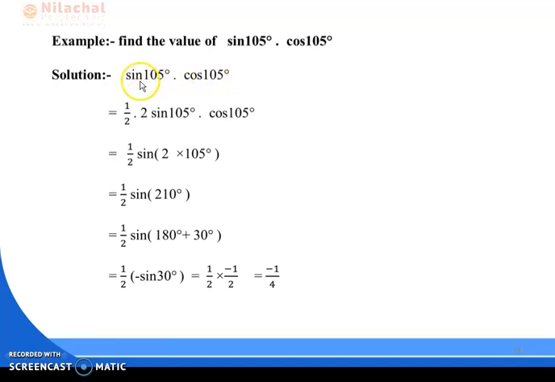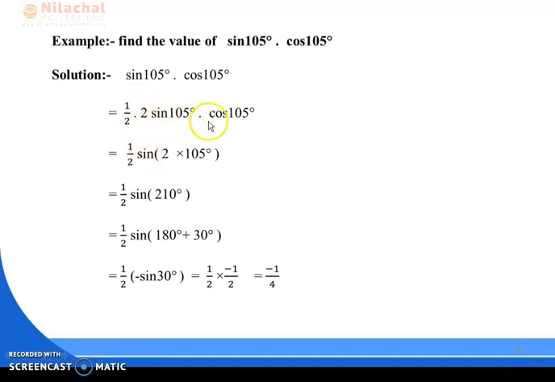So what do we need? 2. 2 is needed for us because we know the formula: sin 2A is 2 sin A into cos A. So we need a 2. If you multiply by 2, then we should divide by 2, because this is by the principle of algebra. If you multiply something, then you should divide by that number.